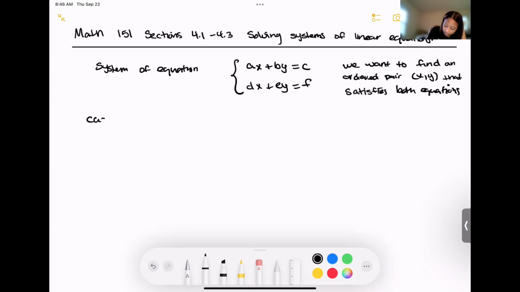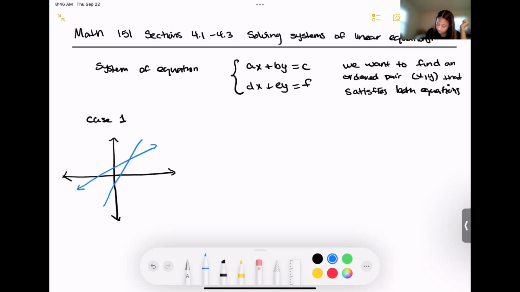So case one, we can have two lines that cross at some point, okay? Two lines that intersect. So maybe this is our f of x, and this is our g of x. All right, so our first case is we have two lines that cross.